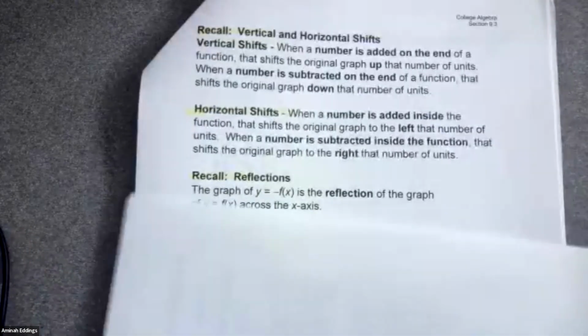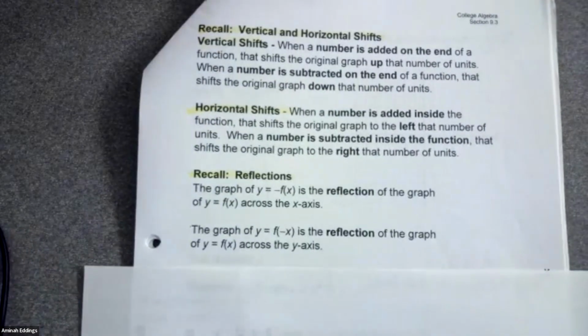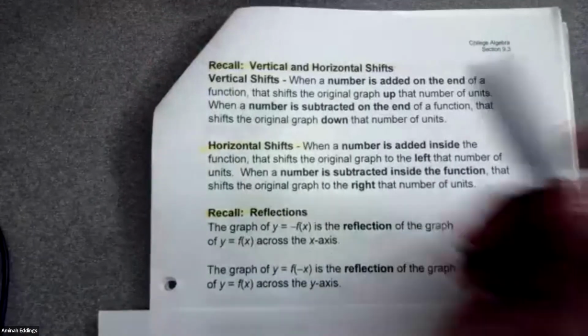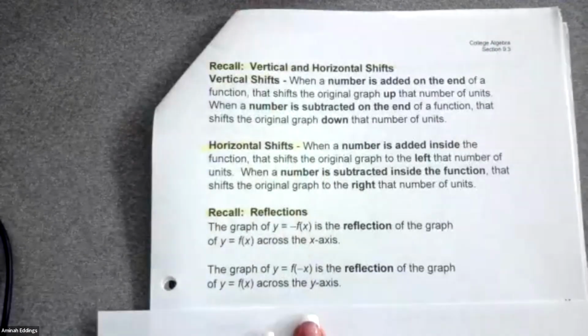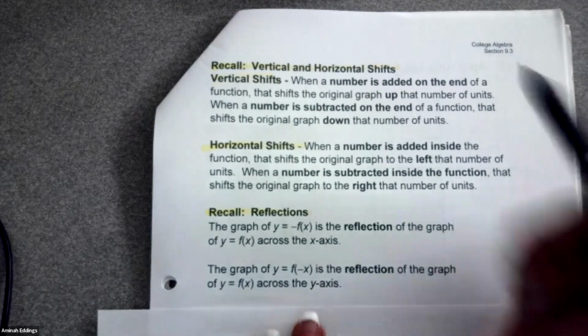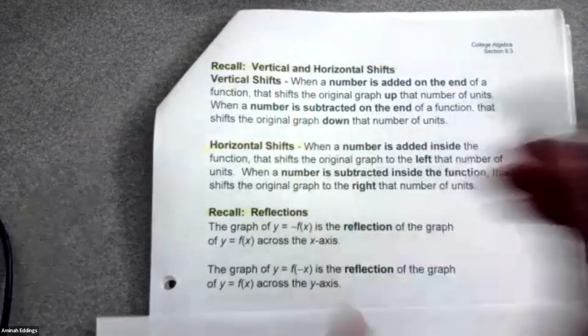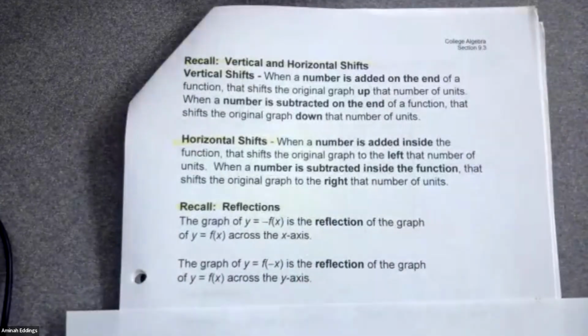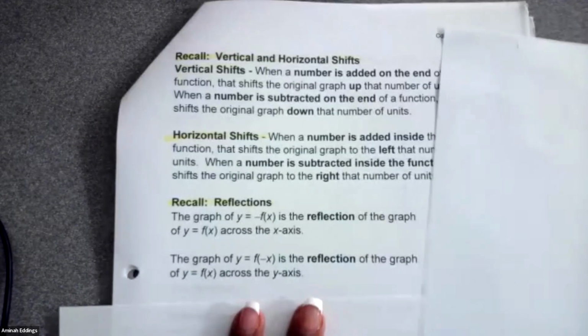Okay, all right. So let's recall something. Speaking of those transformations, vertical and horizontal shifts occur when we add and subtract numbers, okay?